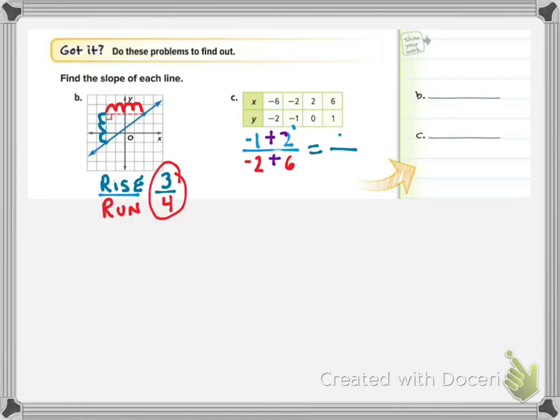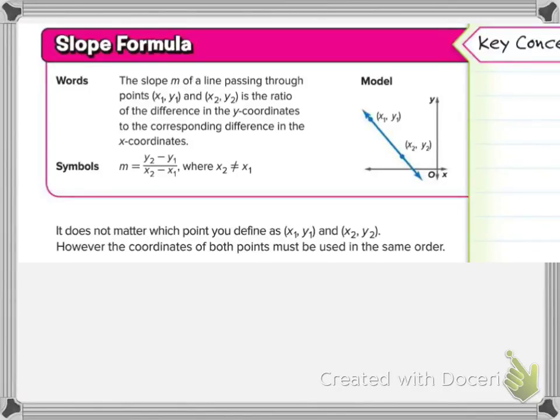Hopefully you got 1 over 4, and that's the slope of that relationship. If we would graph it, we would see that it's a slant of up 1 over 4 from one point to the next. So the last thing we want to take a look at in this section is the slope formula. The slope, m, and that m just means that that's the letter that we use to describe slope.